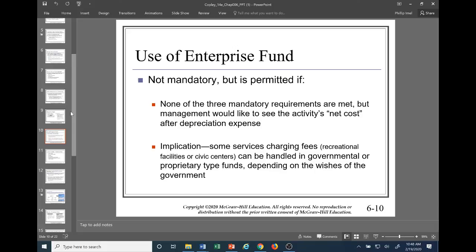The implication is that some services charging fees, such as recreational facilities or civic centers, can be handled in governmental or proprietary type funds, depending on the wishes of the government. The main thing is, if it's not mandatory, the government may want to track the net cost after accounting for depreciation.